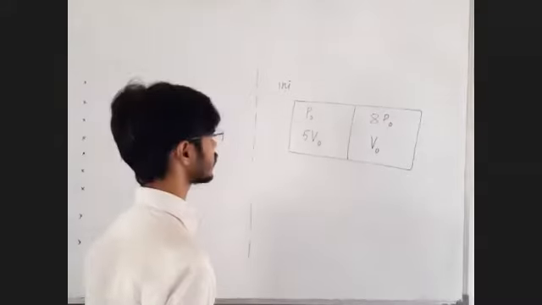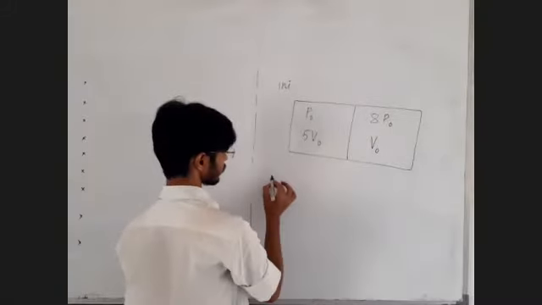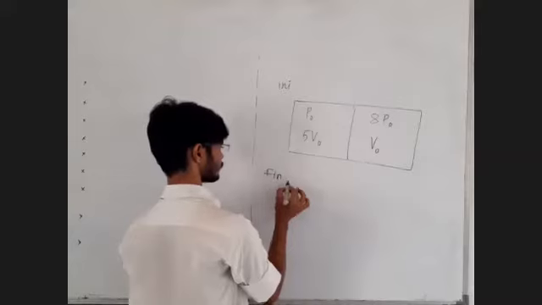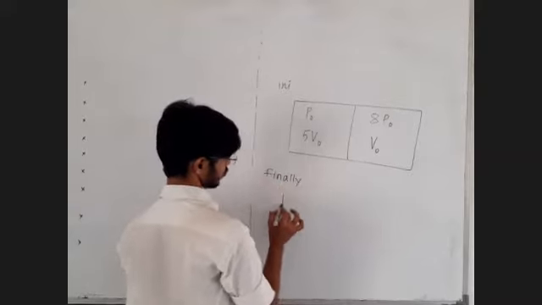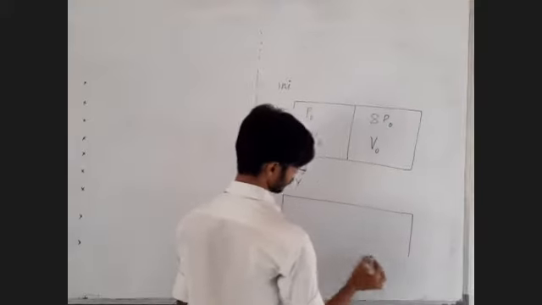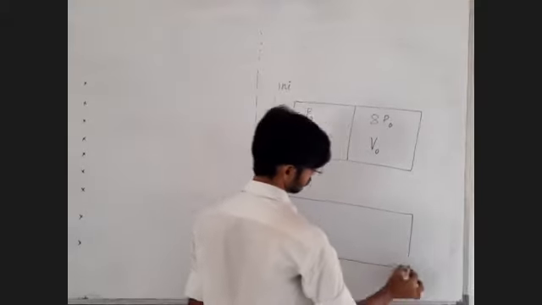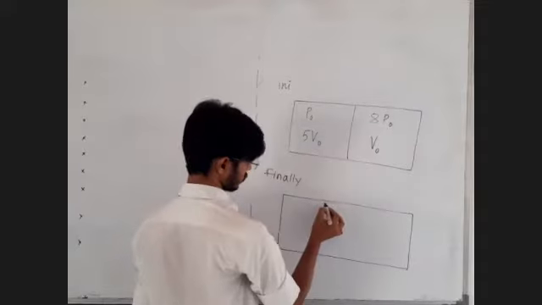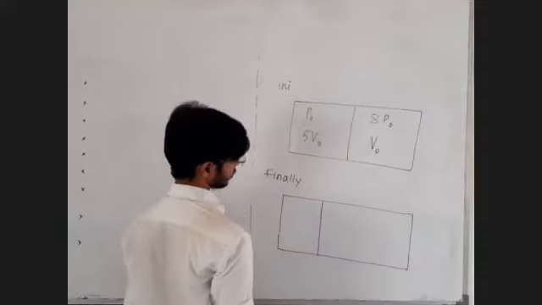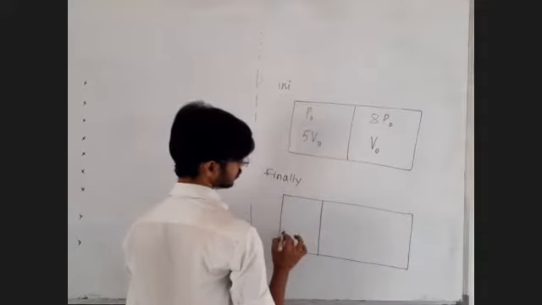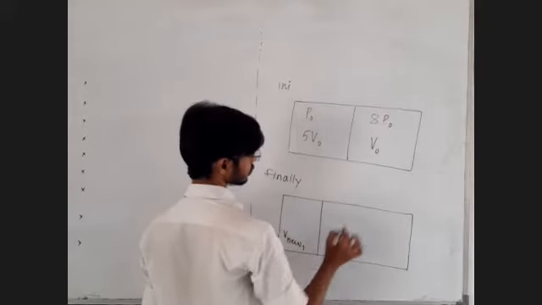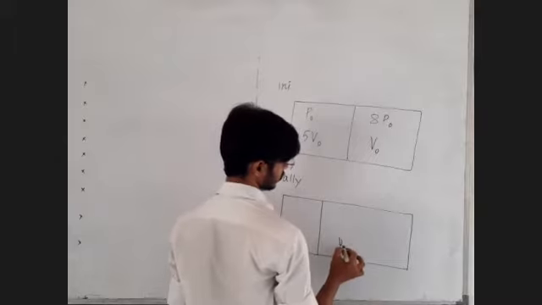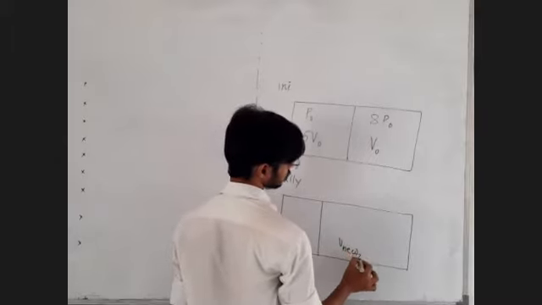The process will continue till the pressures become equal. So finally, the situation will become something like this. This piston, let's say, has moved like this. This volume is V nu 1, and this volume is V nu 2 of the second part.